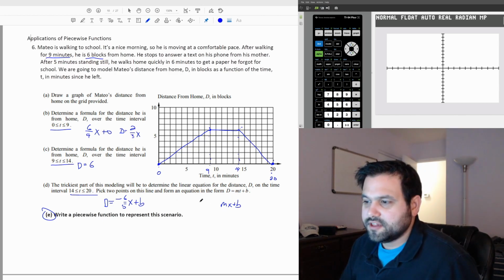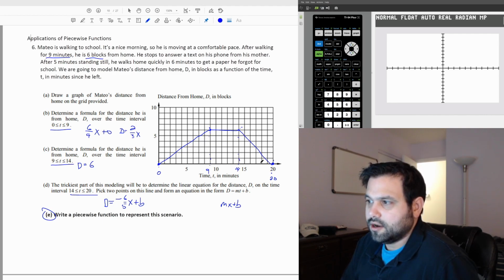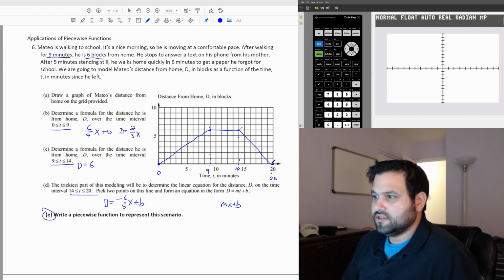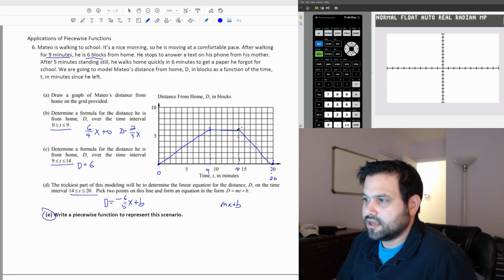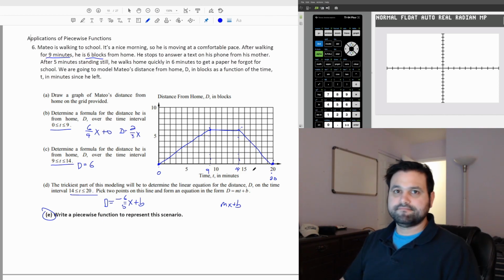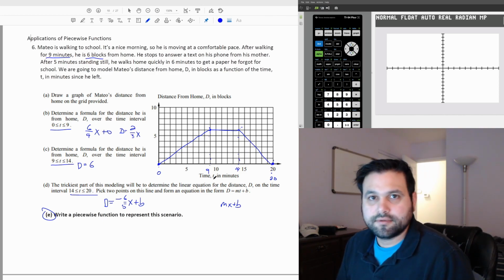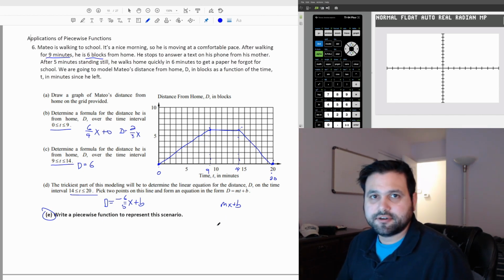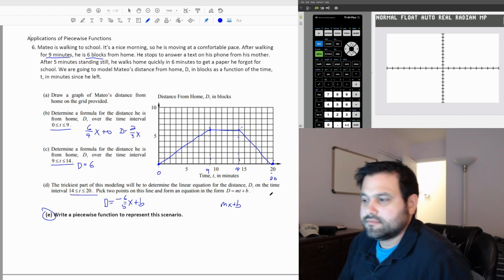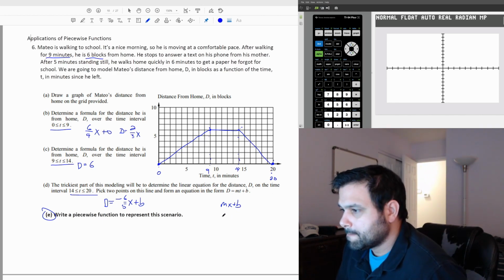And then I'm going to fill in a point on this line, which I know. So, for example, any of these points, right? There's 2 points that we know on this line. I could plug in the point 14, 6, or I could plug in the point 20, 0. Either one would work. Okay. I'll go ahead and just use 20, 0 because it seems like easier numbers to work with maybe.